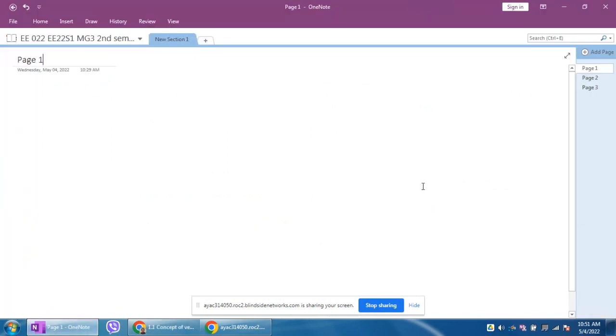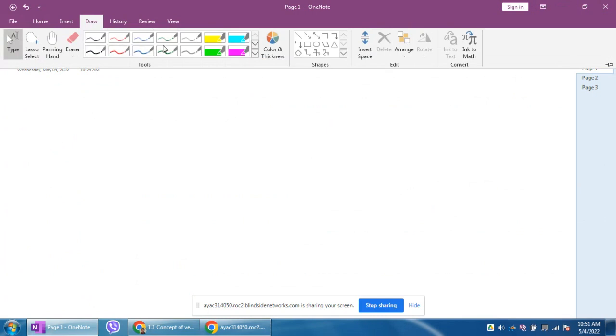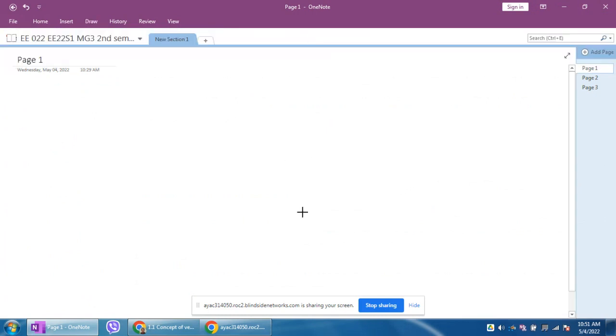Punta po ako doon sa whiteboard ko. And then, mag-draw na lang po muna ako ng 3D Cartesian coordinate system. Para po mas madali tayo magkaintindihan. So again, ito po yung positive values natin.